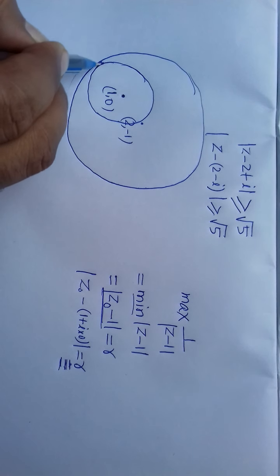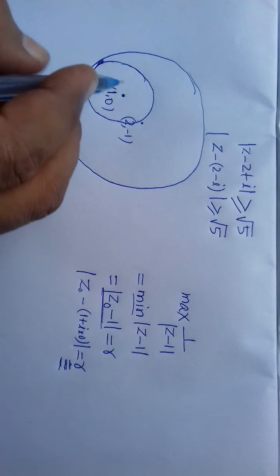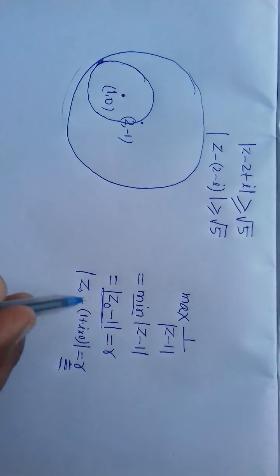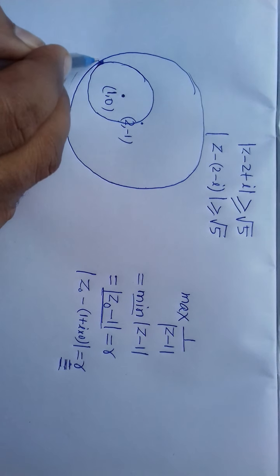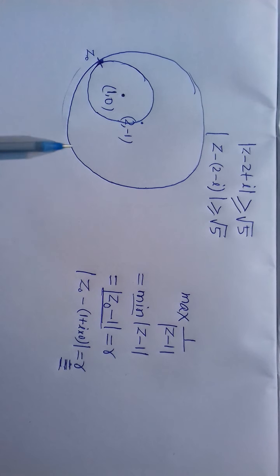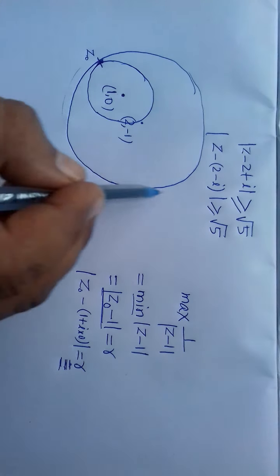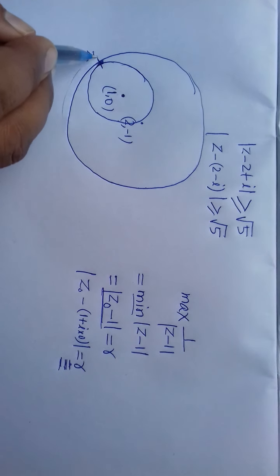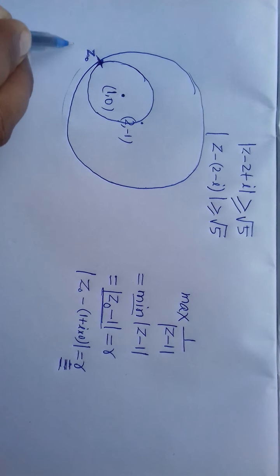touching here at the touching point, and the value of z naught will be here, because earlier I had said that the point to be considered will be on this circle or outside this circle. So for the minimum value, this is the z naught.